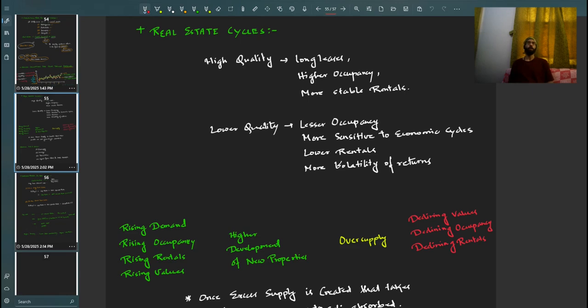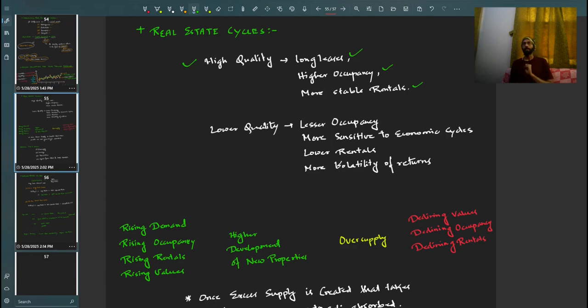For example, for a high quality property, there are long lease terms, there are higher occupancy rates on average, and the rentals are obviously therefore more stable. Higher the quality, longer the lease terms tend to be, higher the occupancy rates, and more stable rentals.